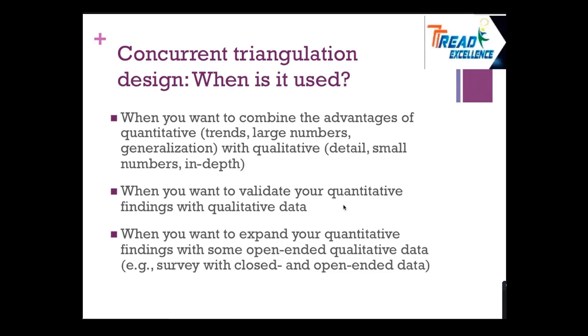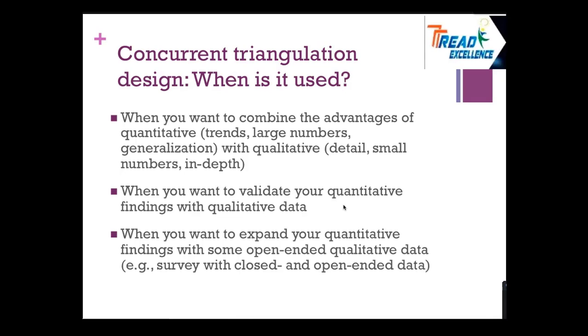When can it be used? When you want to combine the advantages of quantitative trends, large number generalization, with qualitative detail, small number in-depth. The most important purpose here is validation, triangulation of your quantitative findings. It's not unpacking or leading or explaining, it's validating. Remember the word here.